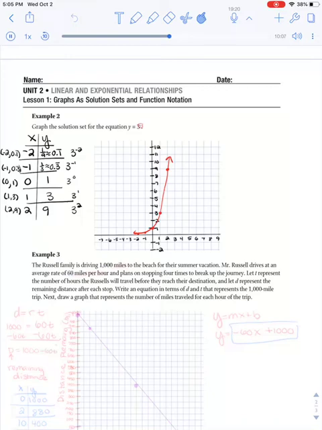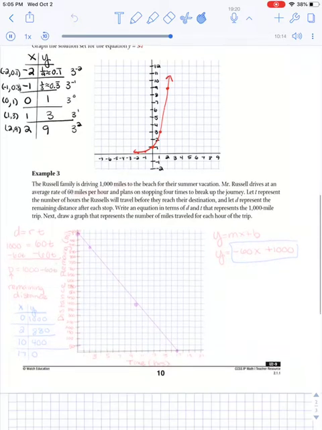All right, so the last one is a word problem. So it says the Russell family is driving 1,000 miles to the beach for their summer vacation. Mr. Russell drives at an average rate of 60 miles per hour and plans on stopping 4 times to break up the journey.